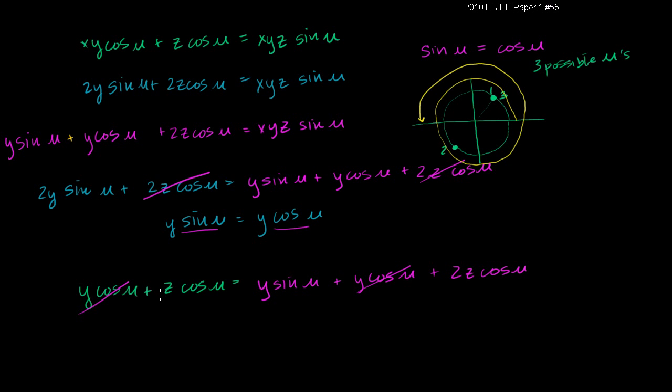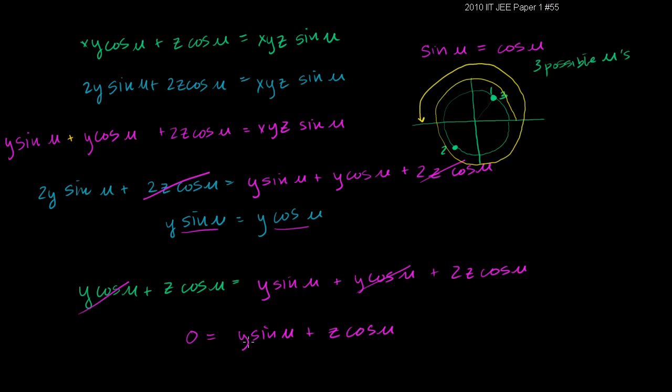We can subtract a z cosine of u from both sides. And so we would get 0 is equal to y sine of u plus z cosine of u. And this seems like a pretty benign statement. Y sine of u plus z cosine of u is equal to 0.